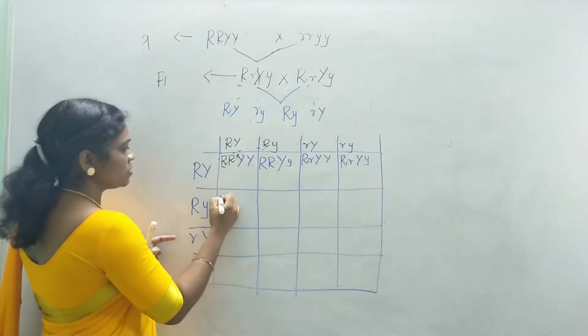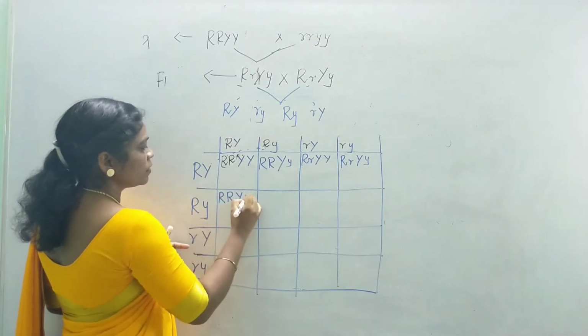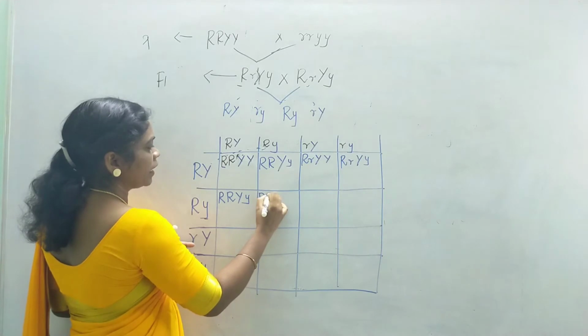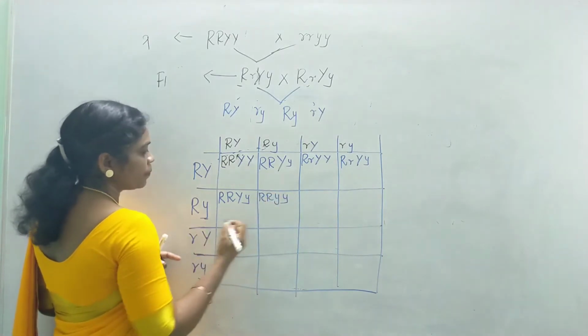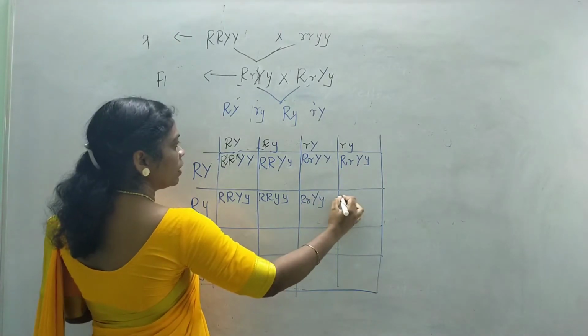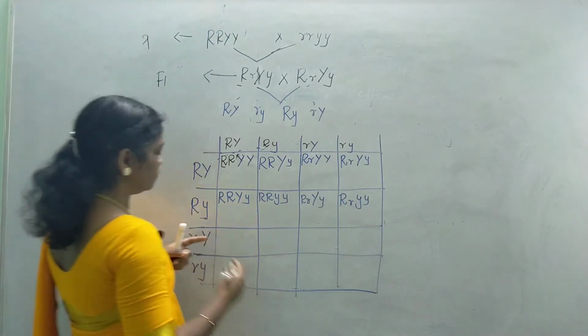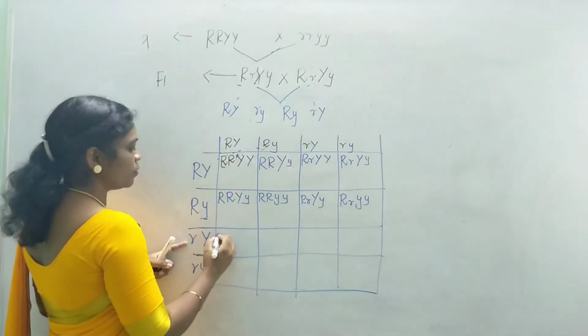Here I am just filling the boxes. So here capital R, capital Y, small y. Again capital R, small y, small y. Capital R, small r, capital Y, small y. Capital R, small y, small y. Take this one and cross with all these 4.